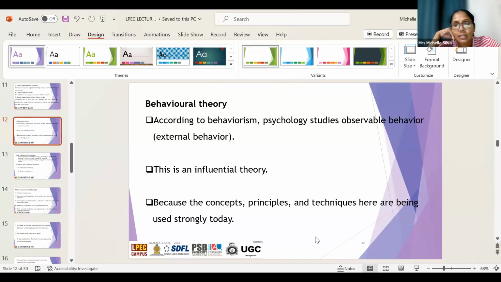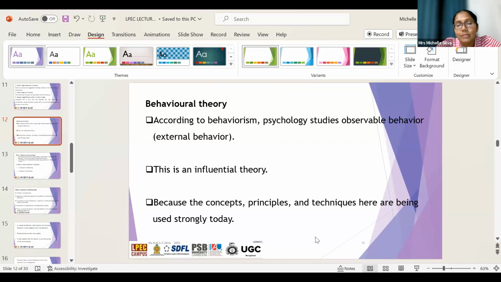Initially psychology was defined as the scientific study of the human mind, but we know it's practically impossible for us to scientifically study the human mind because it's an internal process, as well as a very private and confidential area in the human body.